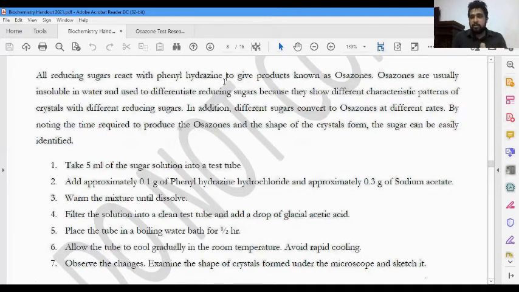You have to do all the steps very patiently, and finally observe under the microscope and identify the type of sugar. I don't know whether you will have exams on the online platform or here, but this is a very important test.